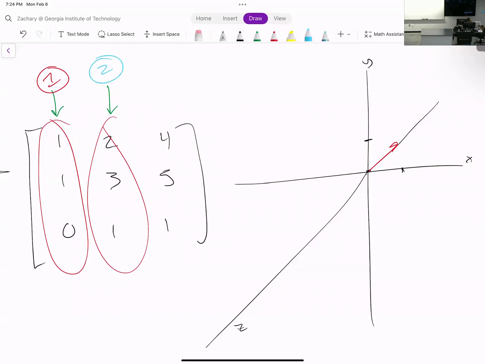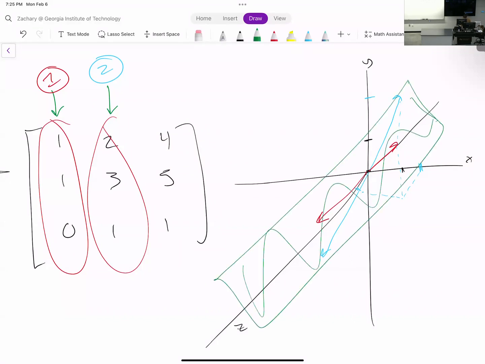And then the vector (2, 3, 1) looks something like this. The span of each of these individually looks like 2 lines, and their span creates a plane between those lines, which is incredibly hard to draw in 3D. I'm just going to draw something that looks like this. Okay, cool.